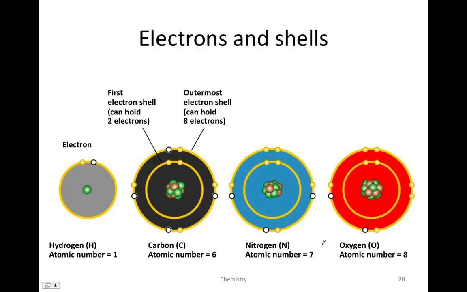Nitrogen has atomic number 7, so it has 7 protons. It usually has 7 neutrons as well, but it can have 8 or whatever, be a different isotope. But if it's going to have no charge and not be an ion, then it needs to have 7 electrons. Oxygen has 8 protons and usually 8 neutrons as well, and 8 electrons as long as it's not an ion.